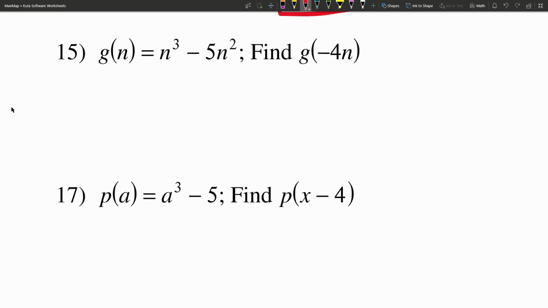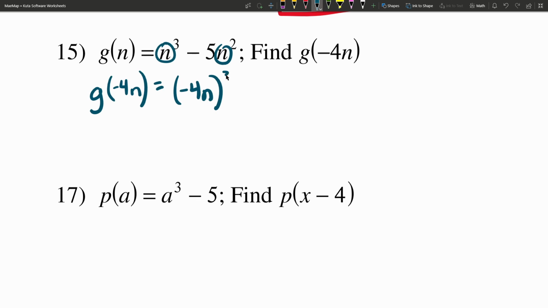For number 15, g of n equals n cubed minus 5n squared. We're going to be finding g of negative 4n. So plugging in negative 4n everywhere we see an n. So we have negative 4n cubed minus 5 times negative 4n squared.